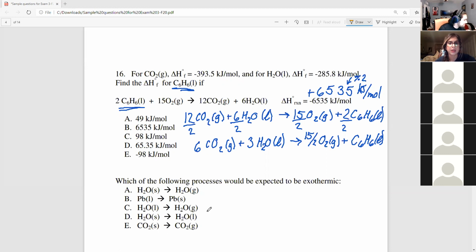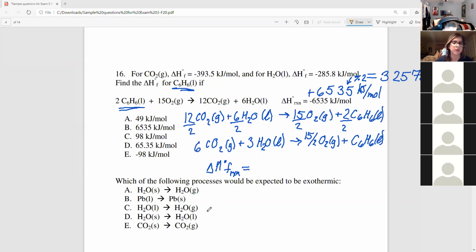So what is our next step after this? So we divided this by 2, so what did we get here? 3,267.5. Perfect, okay. So now we know that, I'm going to run out of room here. Okay, so we know that the enthalpy of formation for the reaction is going to be equal to what?